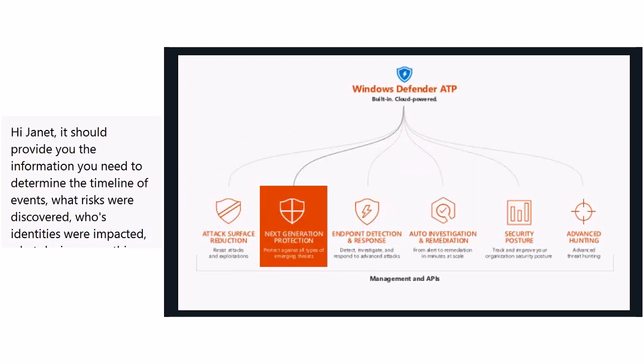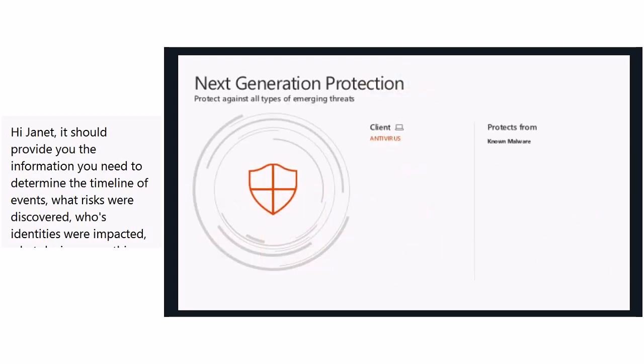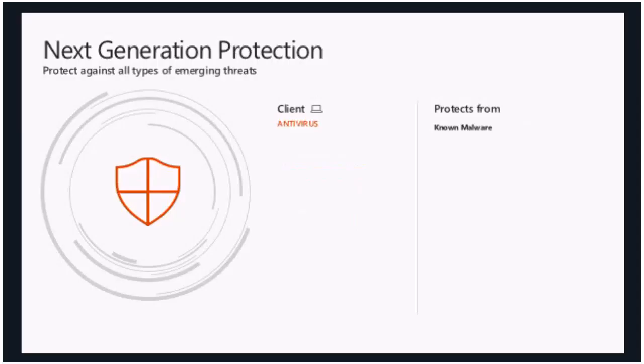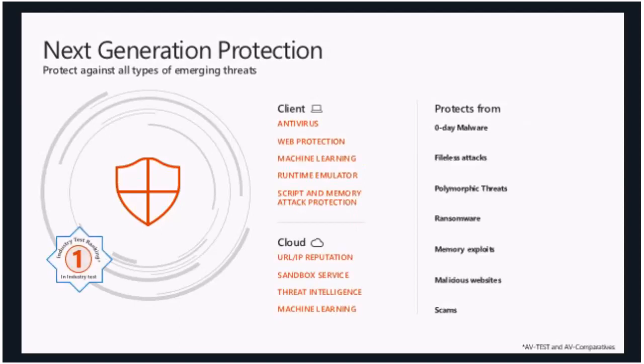On next generation protection, antivirus software protects you from known malware, right? Some of them have some heuristics that can predict if something's bad, okay? But in general, right, it's known malware. The reality is, fileless attacks, polymorphic threats, ransomware, things like that, are often not picked up by standard malware protection, right? That's where you can leverage things like machine learning. What is happening like this in other environments, and then I can take those patterns and gather them up across all the organizations.